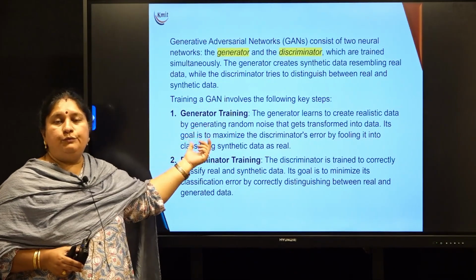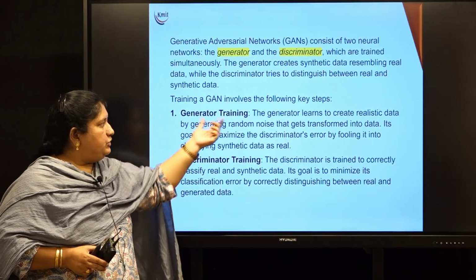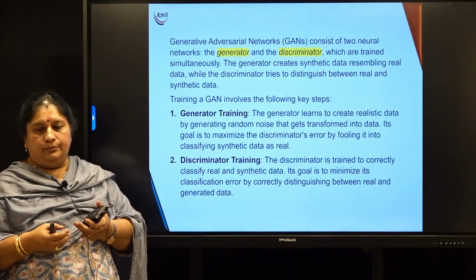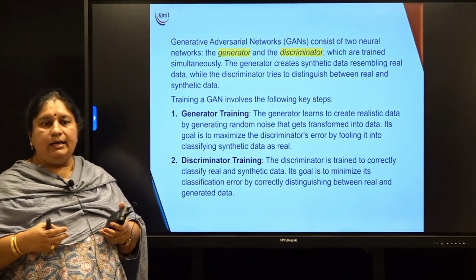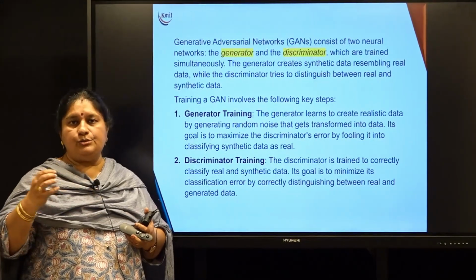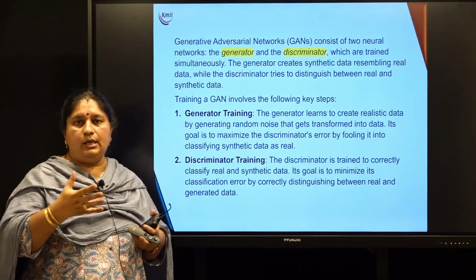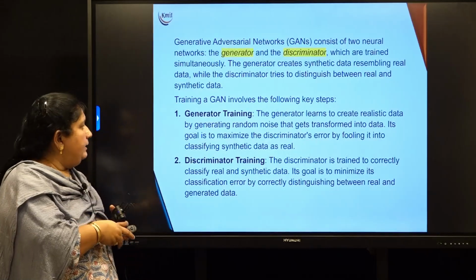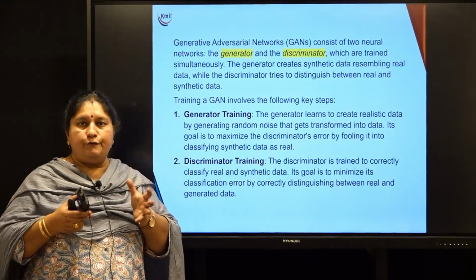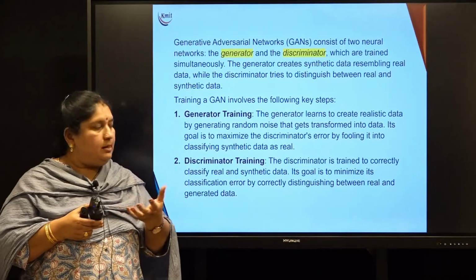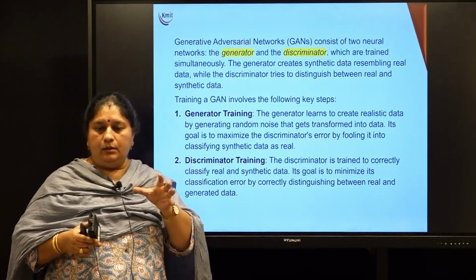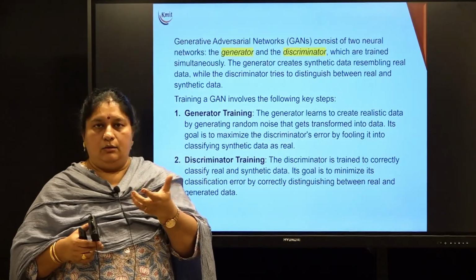First one, how do we train the generator? The generator always tries to learn from the existing data set, and it tries to learn how to create realistic data which is almost close to the existing real data. It learns from the introduction of random noise into the data, and it is trying to maximize the fooling ability of the discriminator.